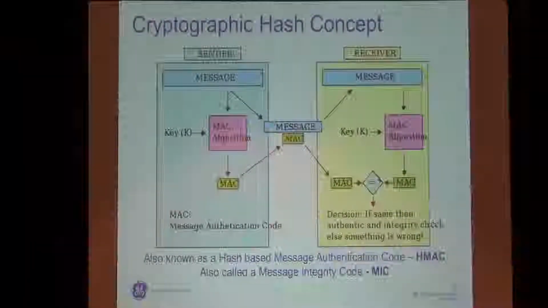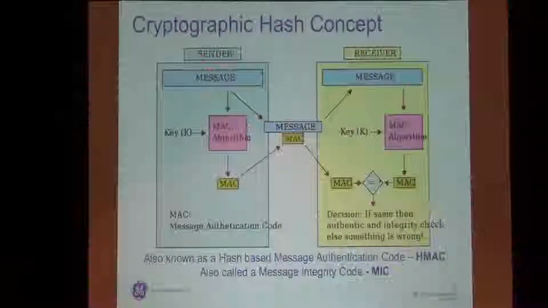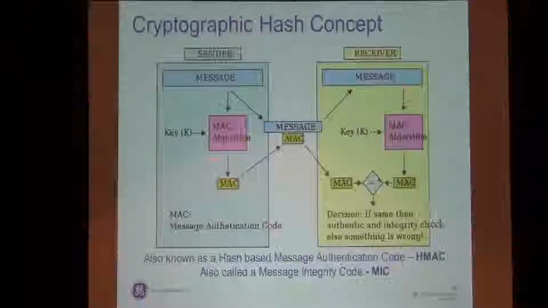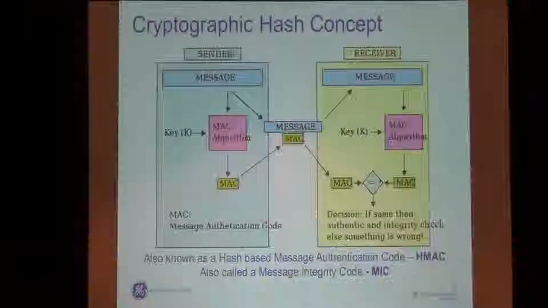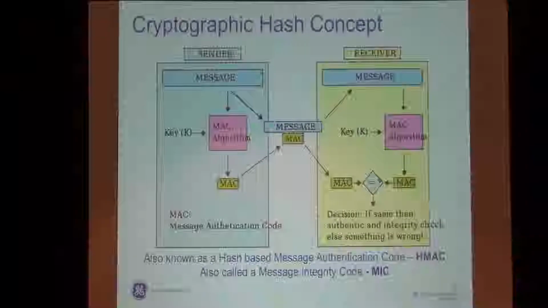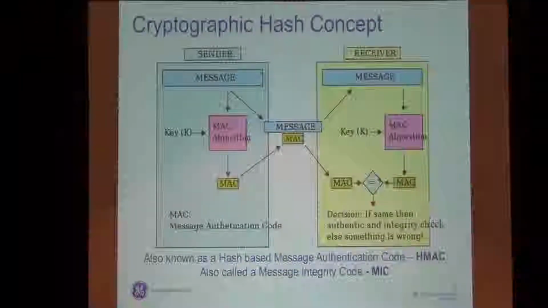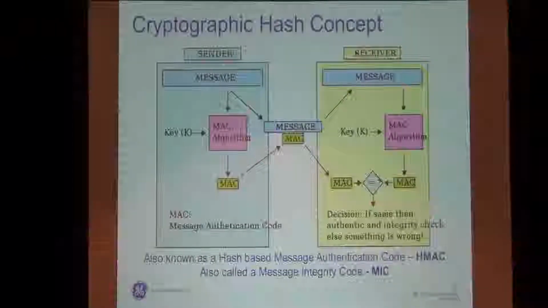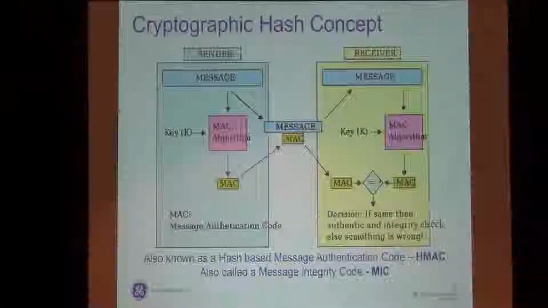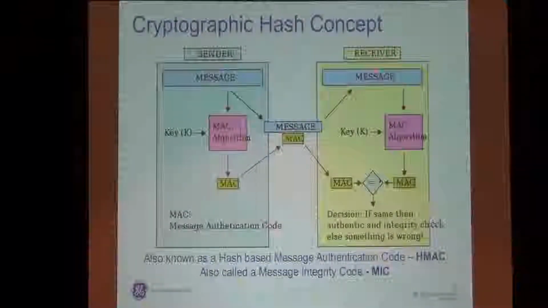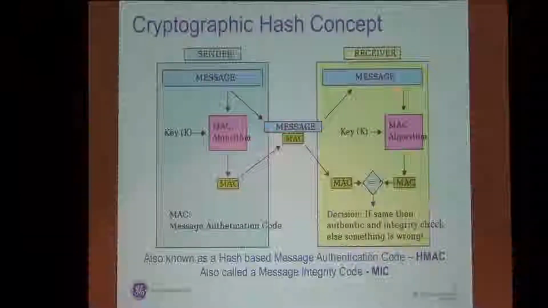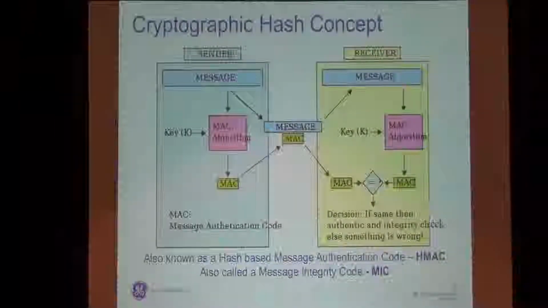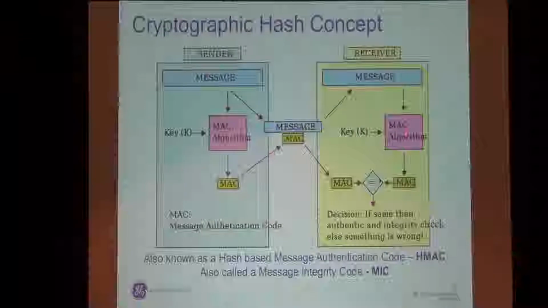The process works like this. A message goes through what is called the message authentication code calculation with the key and creates a message authentication code. The code along with the message is sent to the receiver. The receiver takes the message and runs it through its local calculation with the same key.